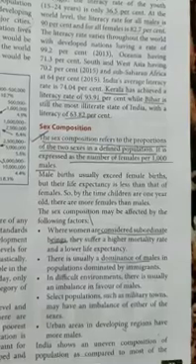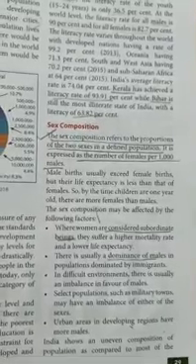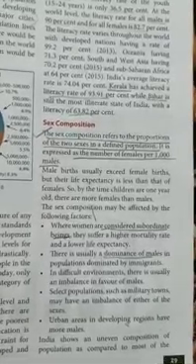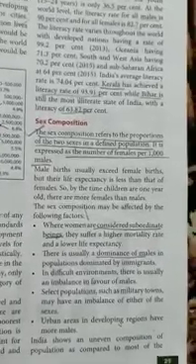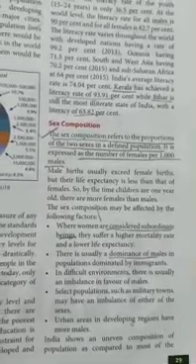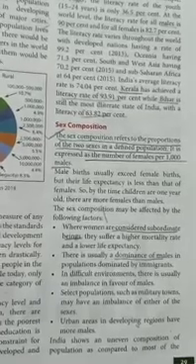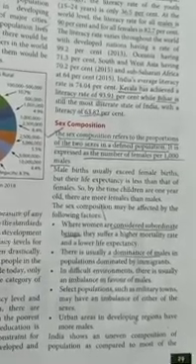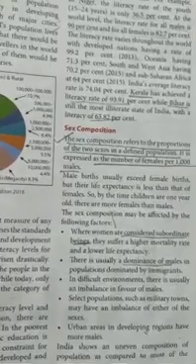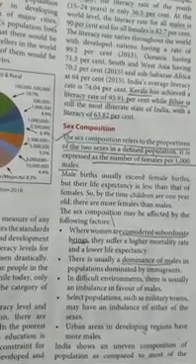There is usually a dominance of males. We all know our society is a male dominated society, and there is usually a dominance of males in populations dominated by immigrants.